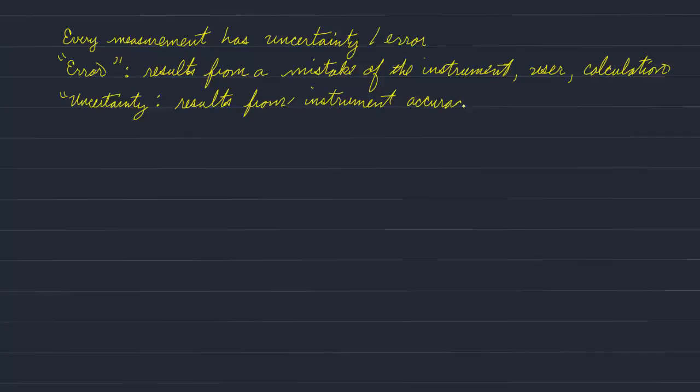So if the instrument is used correctly and it's functioning to specifications, it has a certain accuracy, and that accuracy determines an uncertainty in the measurement that it would make. Uncertainties are also associated with natural processes or conditions of the experiment.